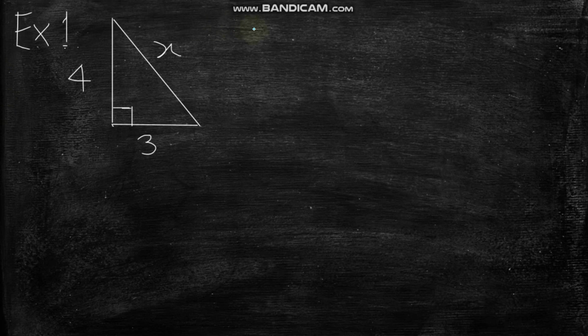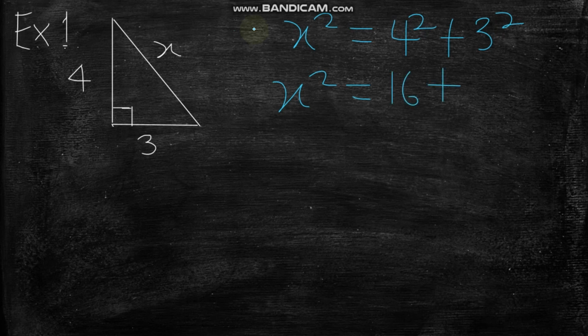So this will be x squared equal to 4 squared plus 3 squared. Alright, so x squared is equal to 4 squared is 16 and 3 squared is 9. x squared equal to 16 plus 9, that equals 25.